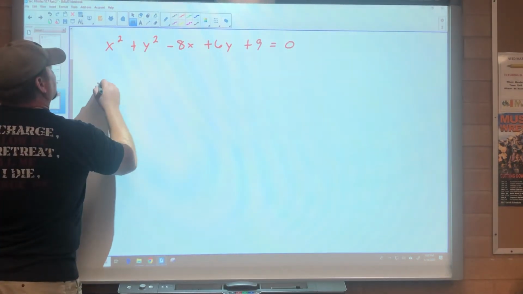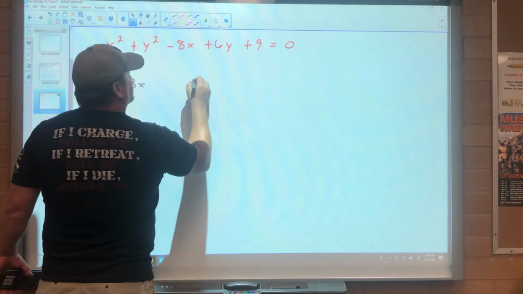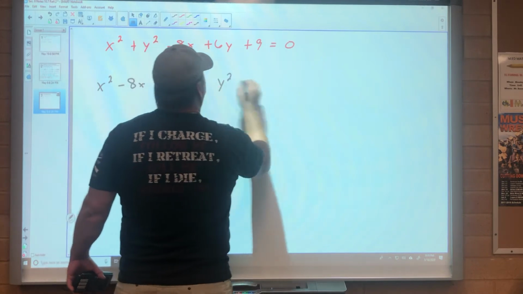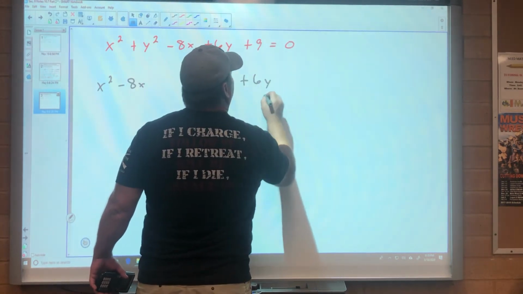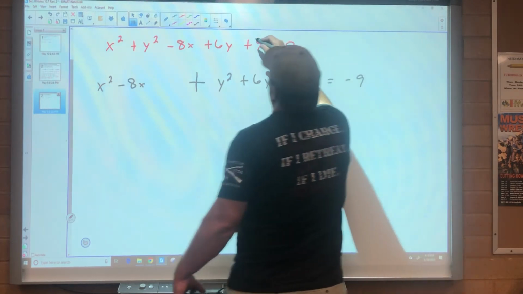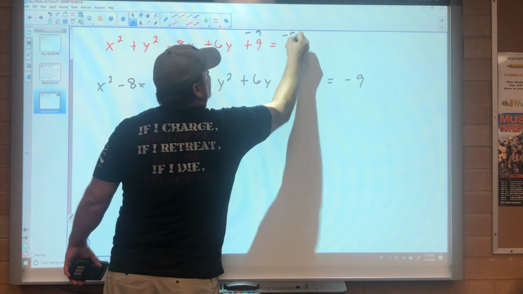So I've got x squared minus 8x space, big plus sign, y squared plus 6y, leave a space, equals -9. Notice, how did I get the 9 to go from here to the other side? I just minused it, -9.